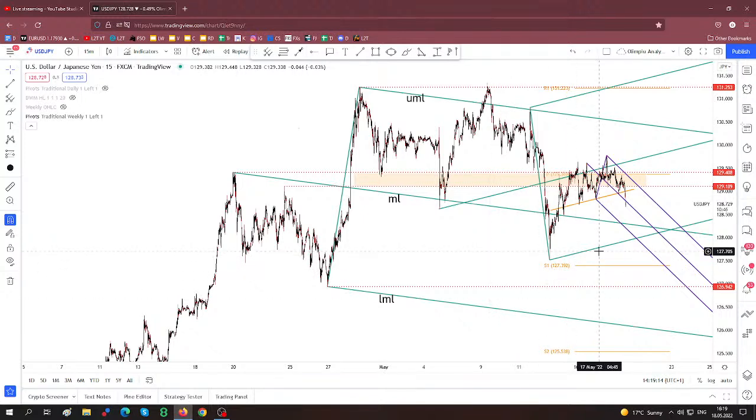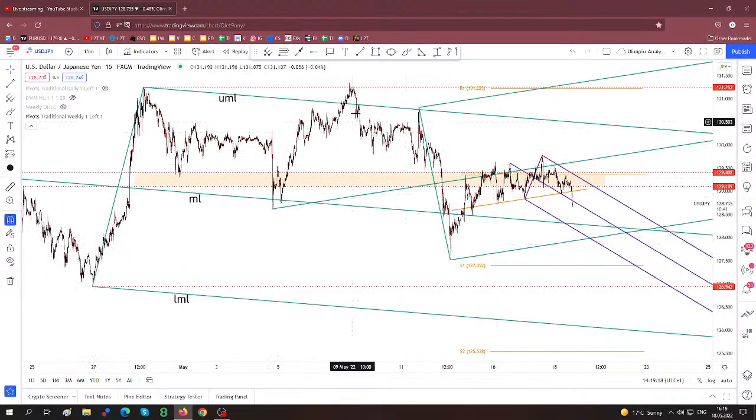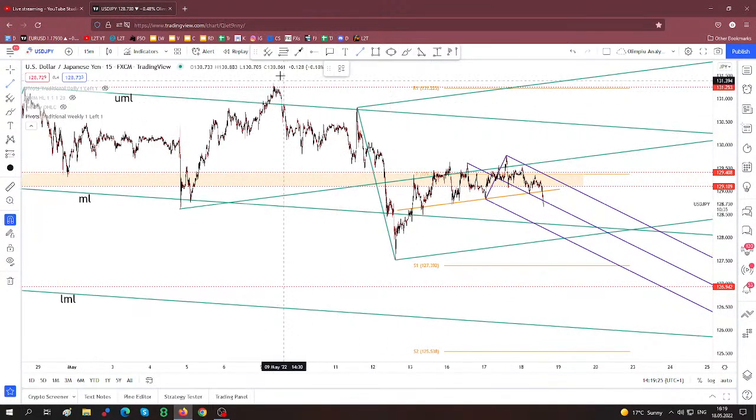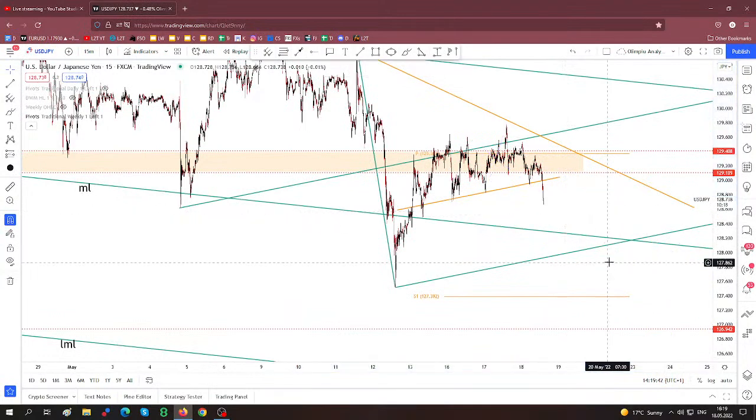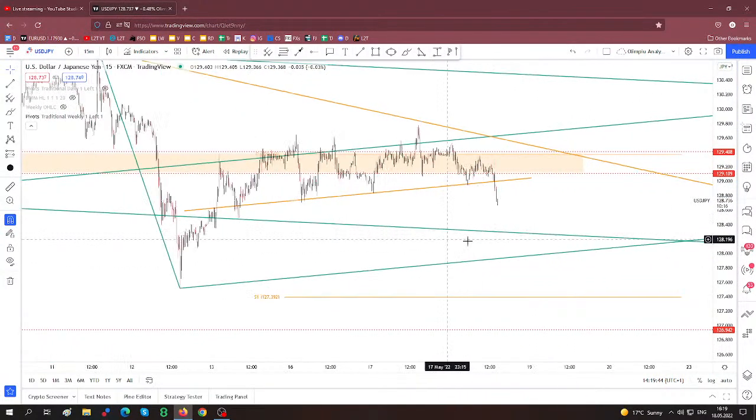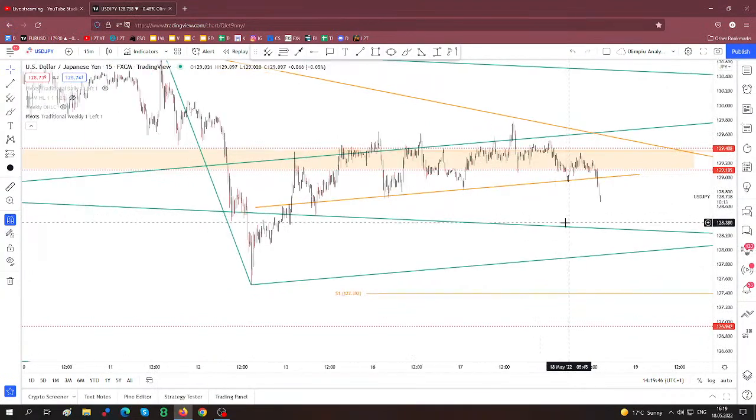Yeah, no, I will use a downtrend line here. But unfortunately it has failed to hit this downtrend line. Only test, retest, false breakouts here.